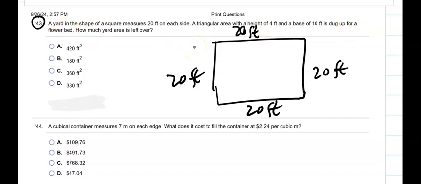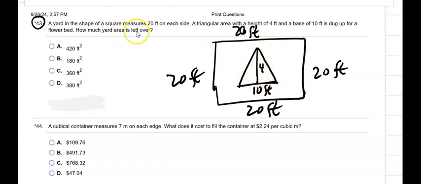So in this yard, you dug a triangular flower bed which has a height of 4 and a base of 10 feet. That's how you draw the flower bed inside that yard.